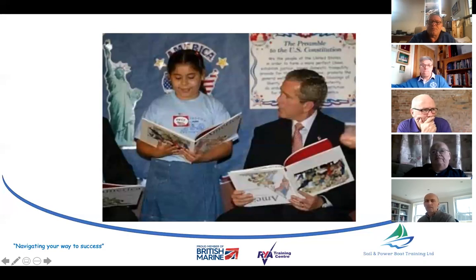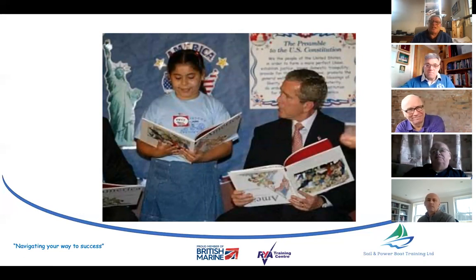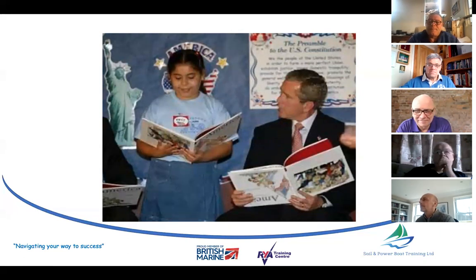Everybody can see what President Bush is doing, teaching somebody else to read. This is a real picture, not a makeup picture. It's a real one of him holding the book at a photo shoot, and nobody realised he's got it upside down. Maybe read his fiscal policy the same way.